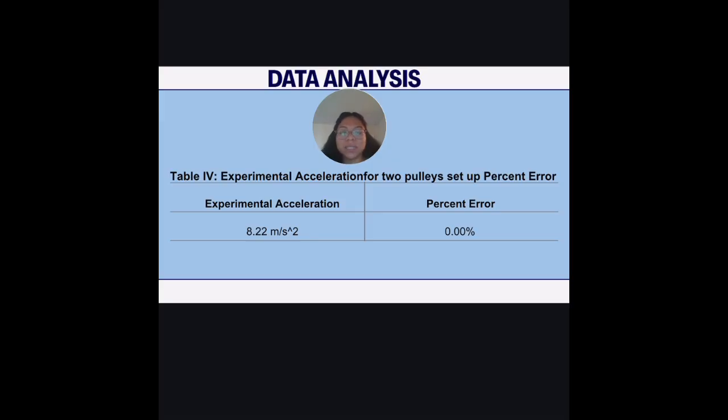So both of our masses would have to be exactly the same for our acceleration to be 0. Again, it would be us running the experiment and going from there based on the graph we get. Right now with our experiment, we found no percent error, so we were able to find it exactly. But there's no guarantee we'd be able to find it exactly when we conduct that experiment as well.